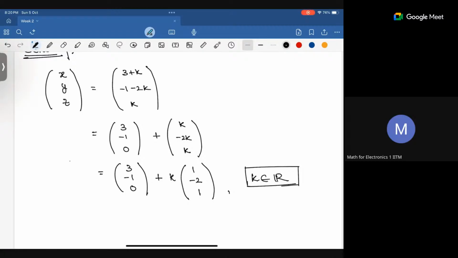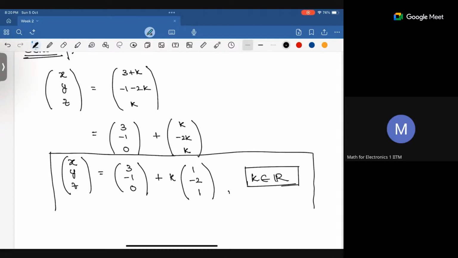So this is the complete solution set for this infinitely-many-solutions case. You change the value of k, you will get different possible combinations for x, y, z that satisfy the given system of linear equations. Therefore, this system has infinitely many solutions.